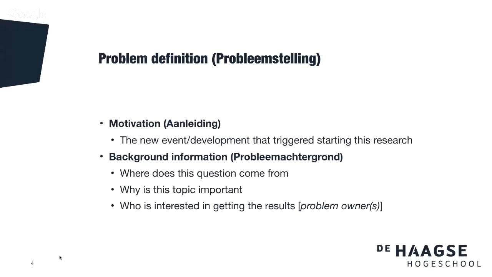But the baby is not the problem owner, because the babies are not interested in getting the results. They're not interested in anything. They're babies, you know, they're just little babies. The people who are problem owners are the parents of the babies. They are the ones that are interested in the results. So all of these things you need to discuss when you are giving the background about your problem.